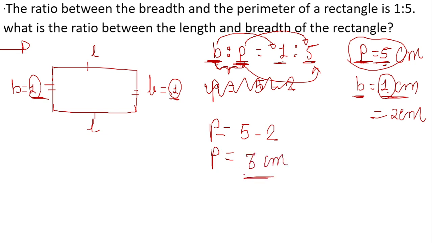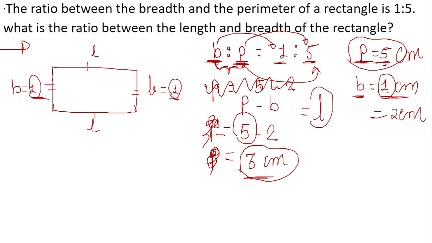Right? So if I subtract the total breadth from the total perimeter, I'll get the length. Yes, look here, I'm basically assigning the value of the ratio here, B as 1 and P as 5. Suppose breadth is 1 centimeter and perimeter is 5 centimeter.